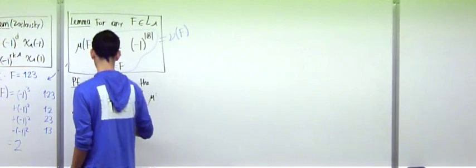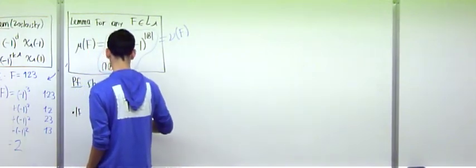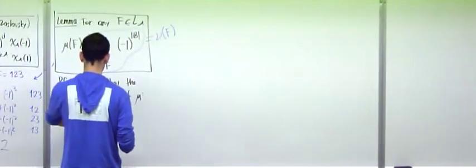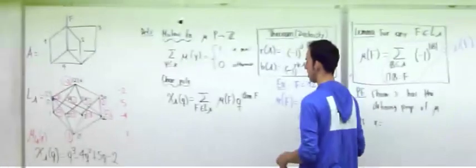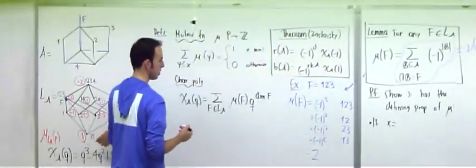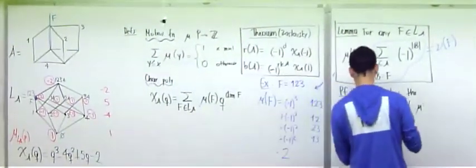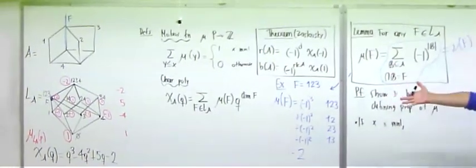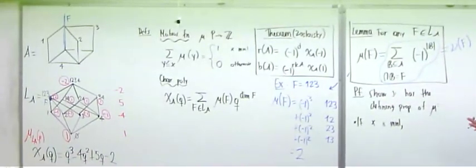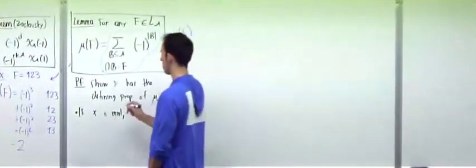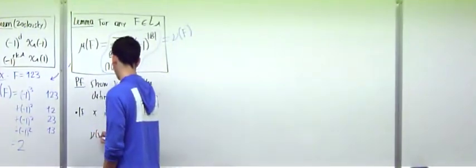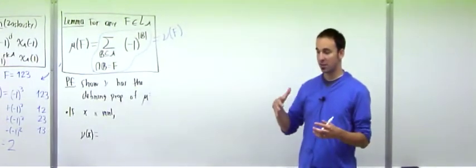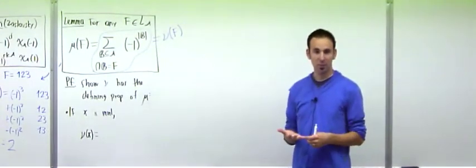So for instance, if x is minimal, well, in this case, the minimal element is just the bottom element of the poset, which is R3, or R^d in general, right? So what is nu of x? It's the number of ways of expressing the whole space as an intersection of hyperplanes.